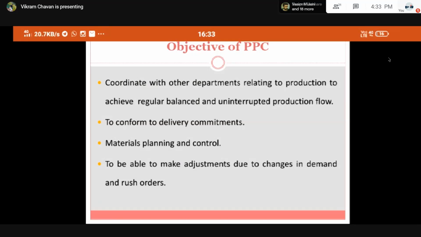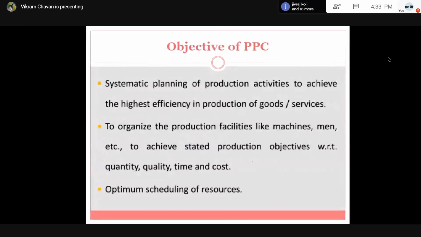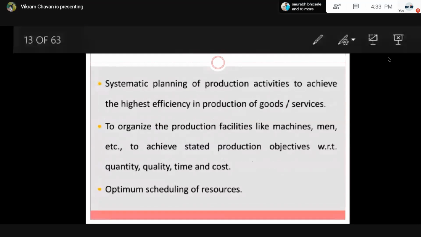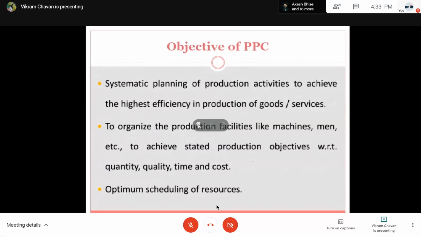So this is one kind of objective for production planning and control. Getting everyone? Objectives of PPC. Any question? Please note down the points.